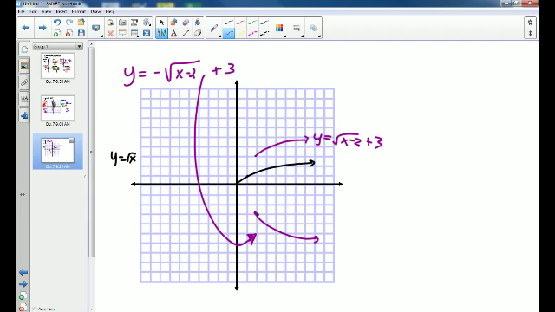So let's talk about just the basic one. If you get confused, you can still do the table of values. Okay, is that defined?